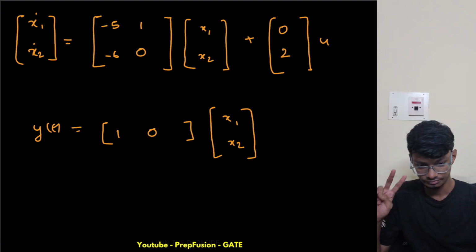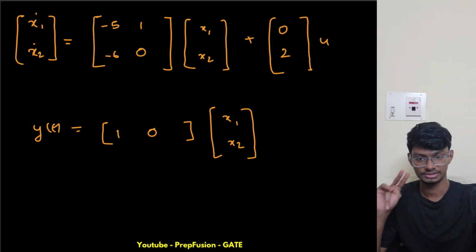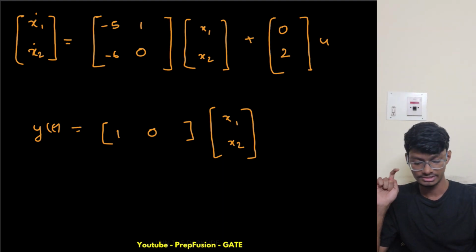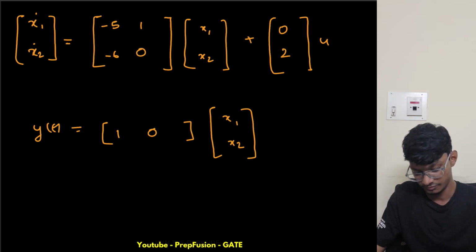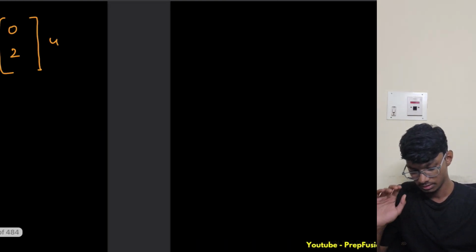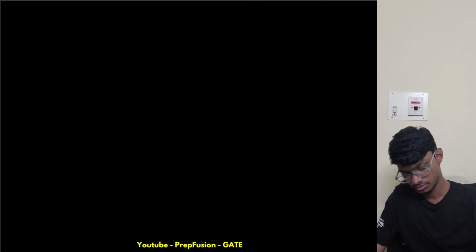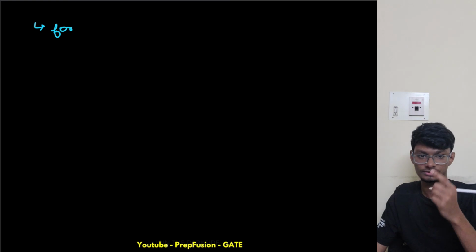So what we can see is that two matrices are in standard form, A and C. How is A in standard form? I will show you. Let me first tell you the standard form. We could have directly converted the transfer function to this.